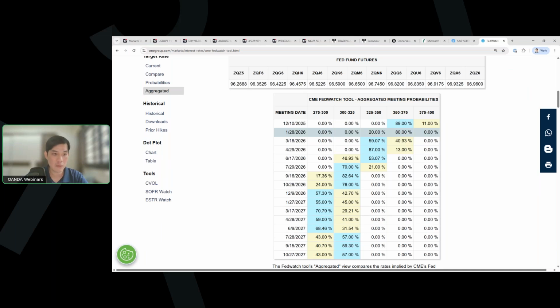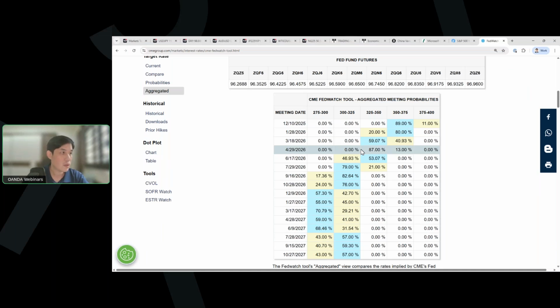Futures markets have various expiry dates that are trading simultaneously. So based on price action, in conjunction with current news flow and economic data release, the Fed funds futures traders continue to price in at least 3 interest rate cuts for next year in 2026. There is a 59%, 60% chance that the next cut will come in on the 18th of March, and a rather higher chance of 87% that it may come in on the 29th of April next year.